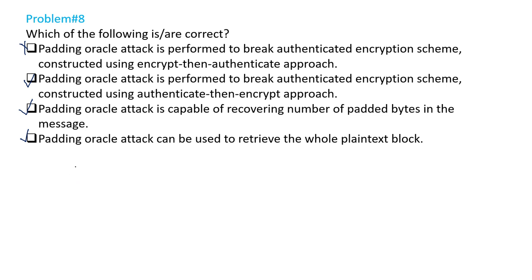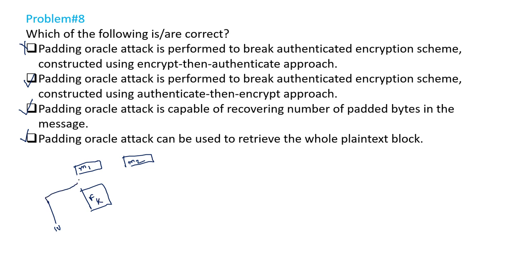So let's say we have two message blocks M1 and M2. And how does the CBC mode of encryption work? There is this initialization vector, and you get the block cipher FK.